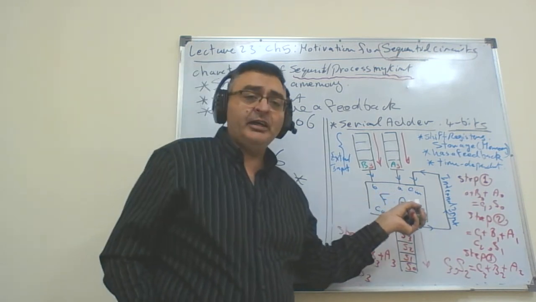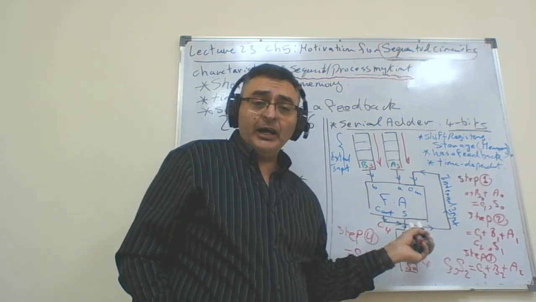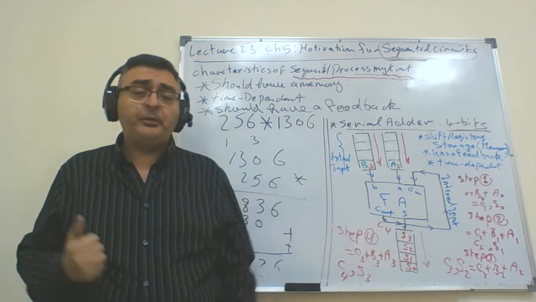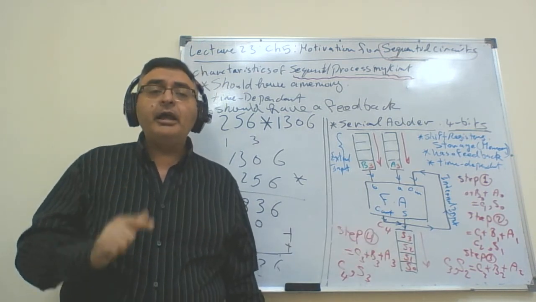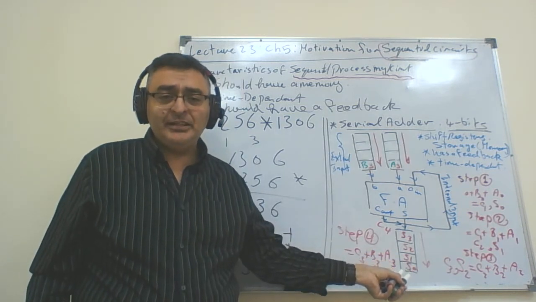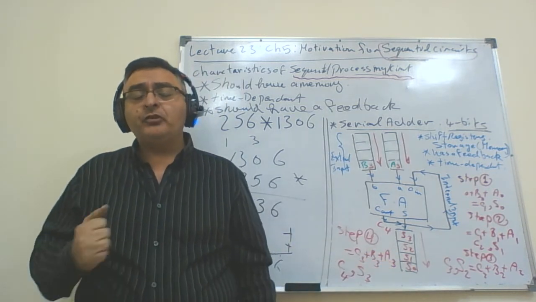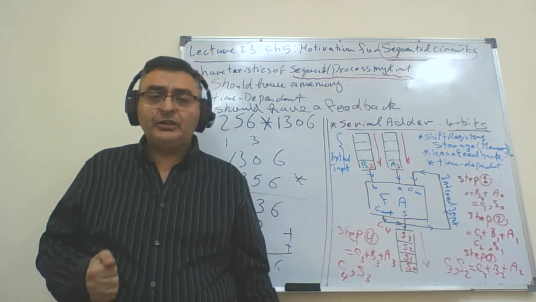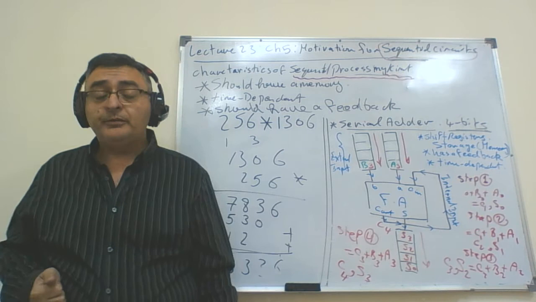Instead of having multiple full adders, I have only one full adder and I perform the operation. However, I have to add only memories, as you can see. So there is no need for designing or building more full adders. Only one full adder will do it.